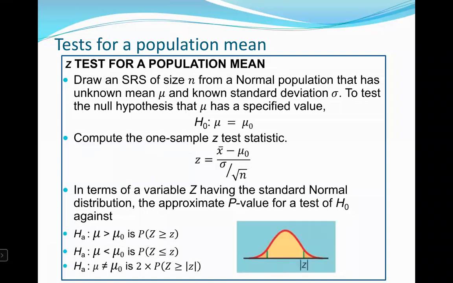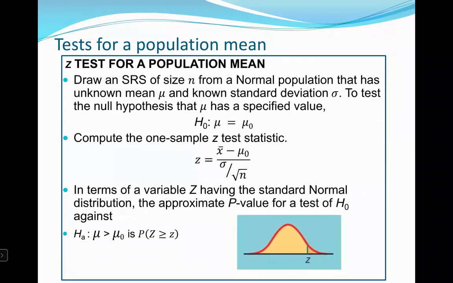So there are a couple of pictures there. They don't all stay up. When you're trying to test the alternate being mu greater than the given value, remember, mu naught is actually a number. So we're told a number here.